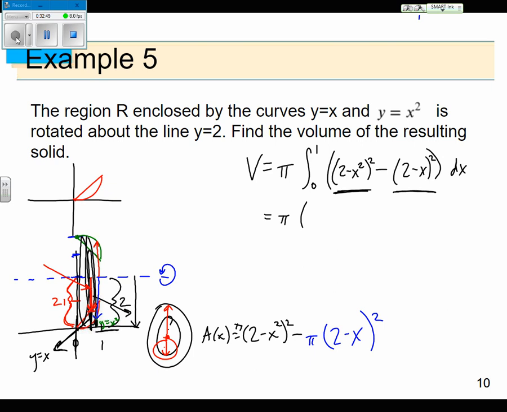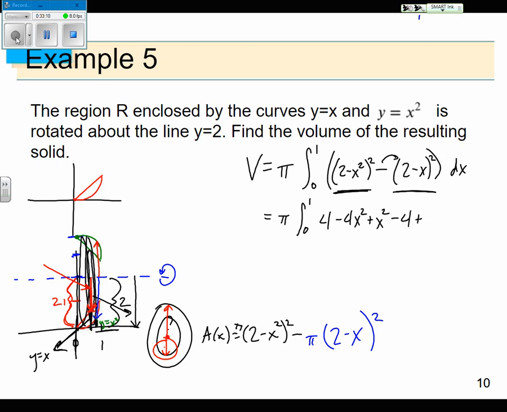Oh, I'm not ready to integrate yet. I don't want to deal with those powers in there. So I'm going to go ahead and expand this out. I got 4 minus 4x squared plus x squared. Might check my math on that. And I'm going to expand this out and distribute a negative at the same time. Hold your applause.